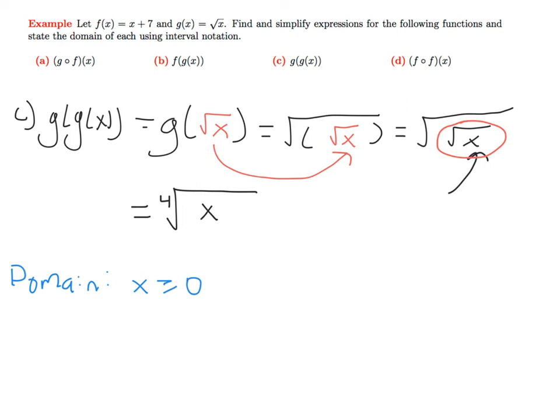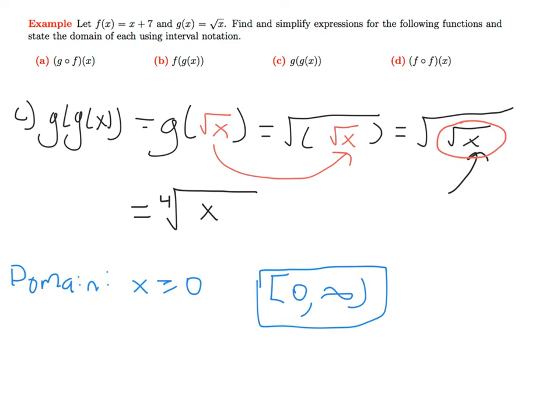And as long as that's the case, then I can do the first square root, and that's going to give me something. What comes out of the square root is something that is bigger than or equal to 0, so there's going to be no problem with taking the next square root. So the domain for this function would be all x greater than or equal to 0, which would be 0 to infinity.